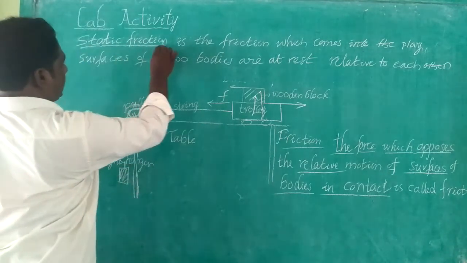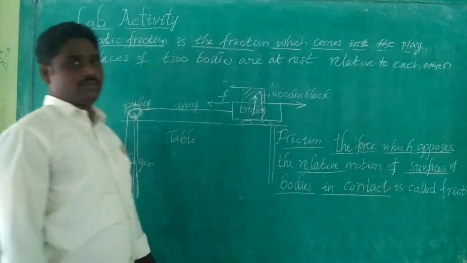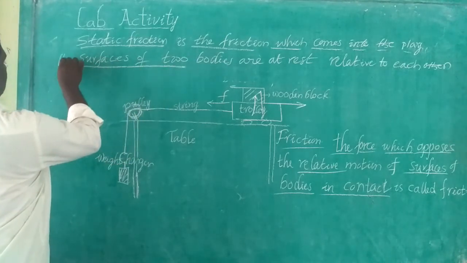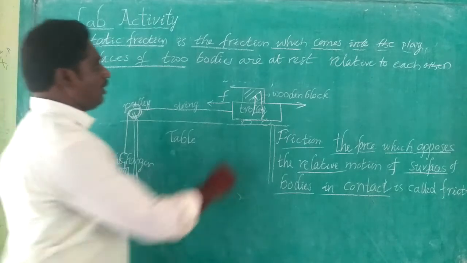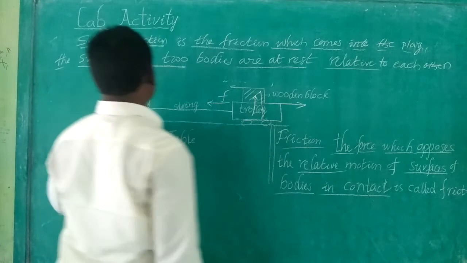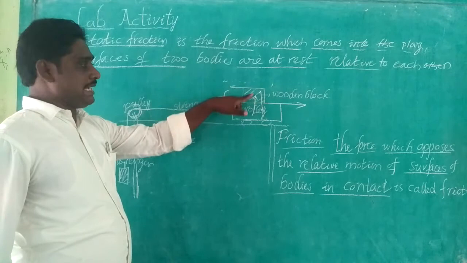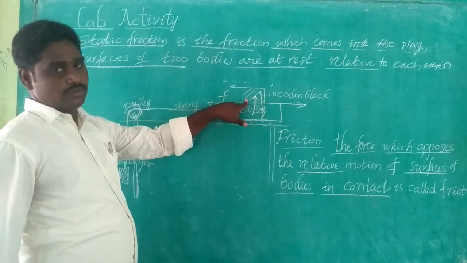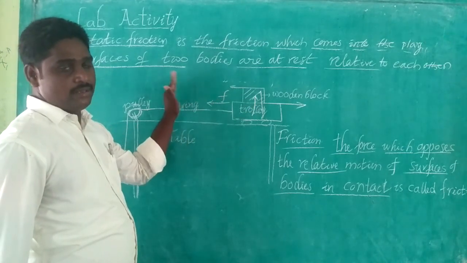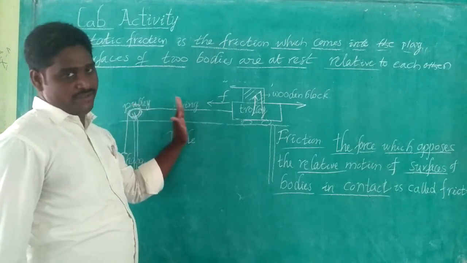Friends, static friction is the friction which comes into play when the surfaces of two bodies are at rest relative to each other. Here, the wooden plank is at rest on this trolley up to a certain limiting acceleration or limiting weight.